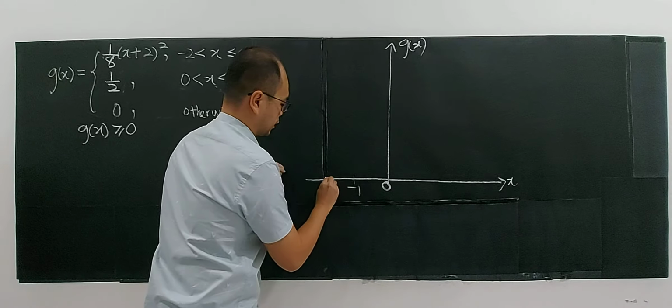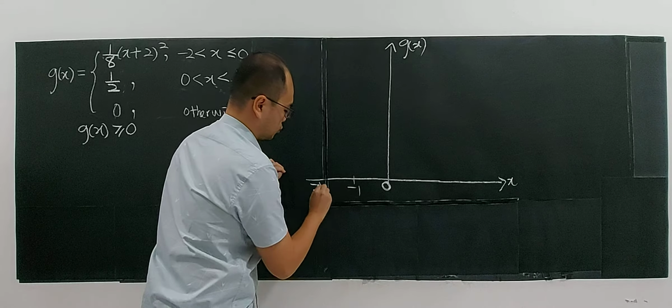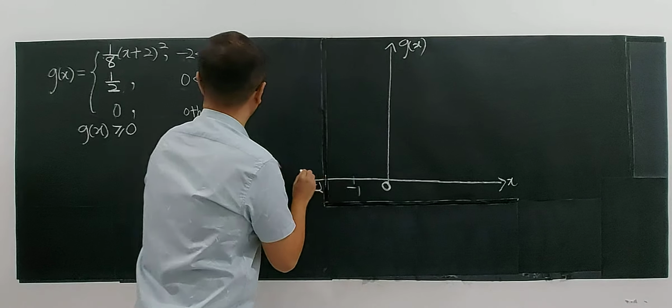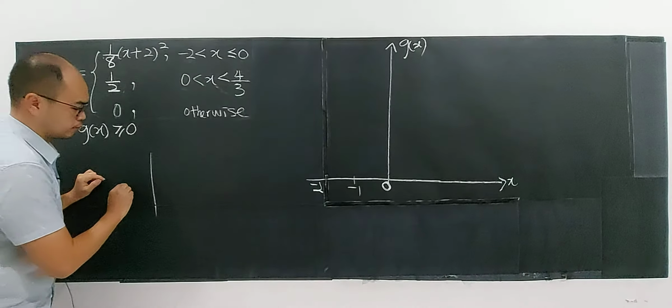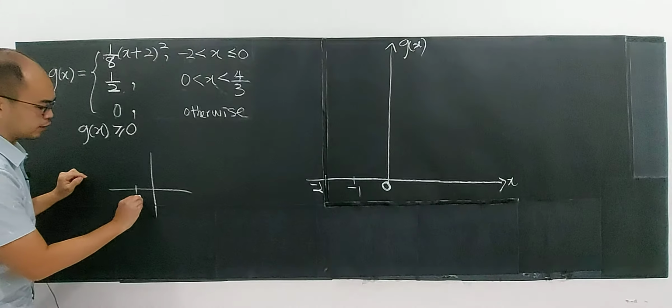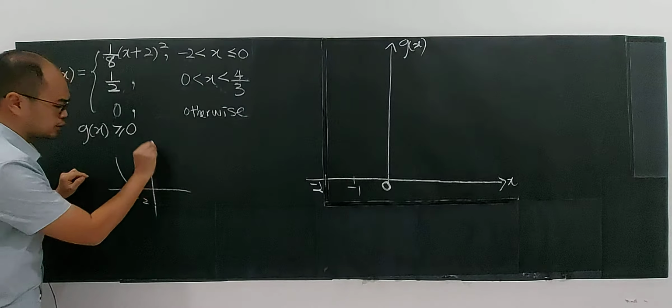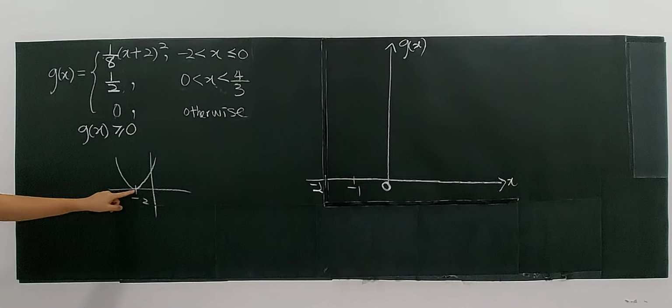You know that this is a quadratic curve with this shape here. If you're very familiar, the shape of the graph will be something like this. The minimum point is here.